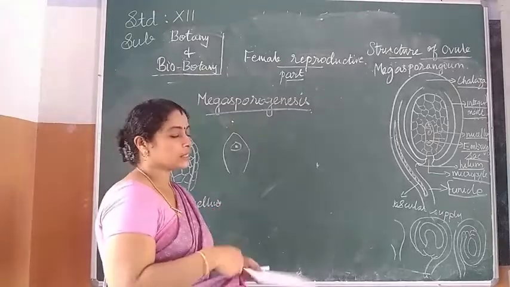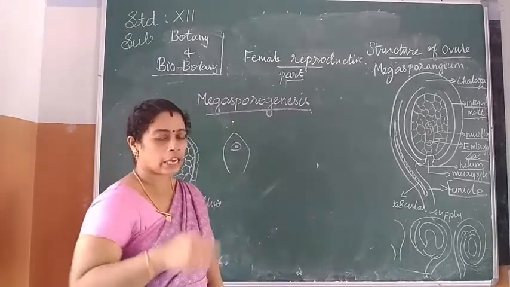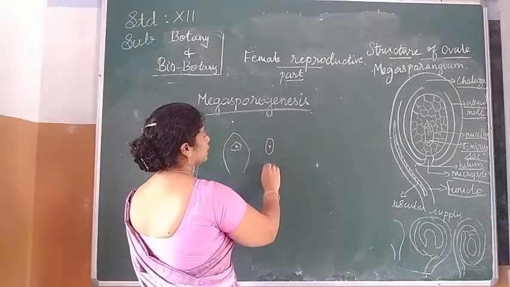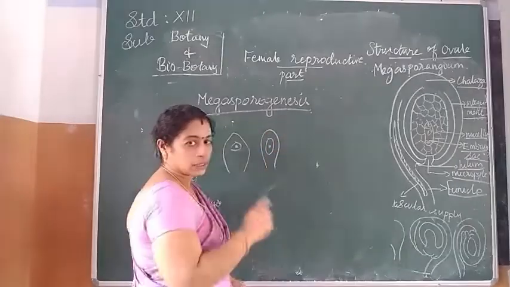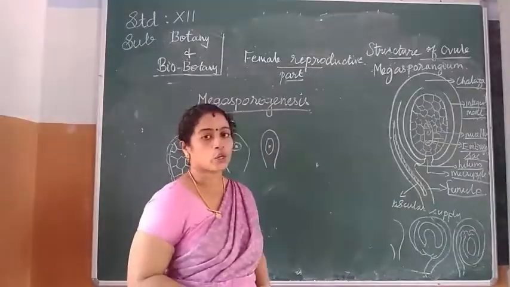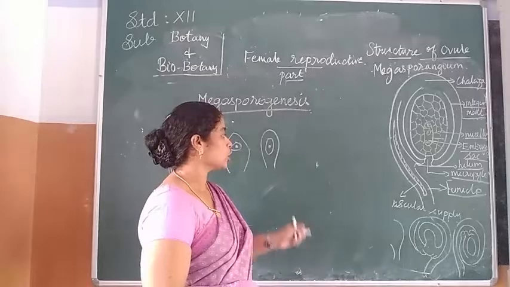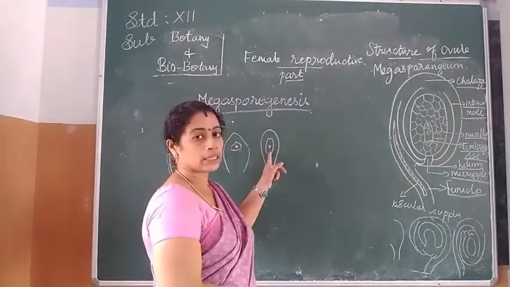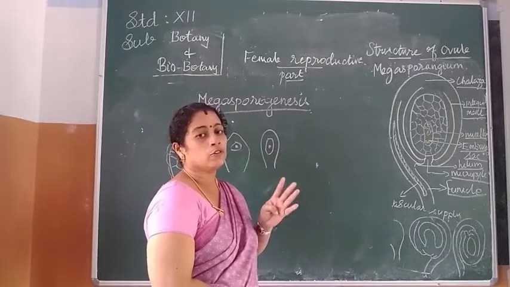Then what happens? This archisporial cell will elongate and forms an elongated structure. Then this is the second stage. It will start to divide. Sometimes this archisporial cell will divide and forms the four cells.